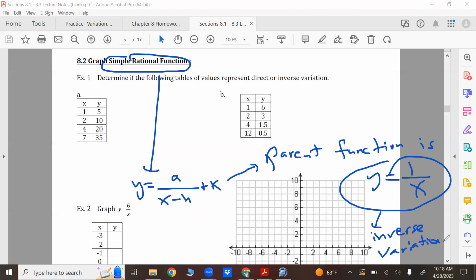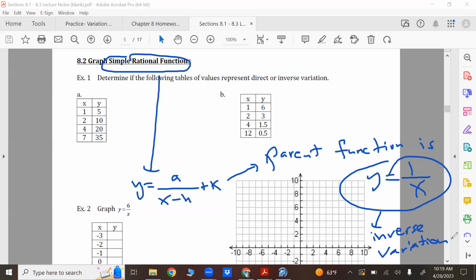So today we're going to be graphing this now. But in general terms, it's going to be this: Y equals A over X minus H plus K. And the parent function is 1 over X. Now, if you have 1 over X, then what is H and K for this equation here? You have Y equals 1 over X. So A is 1, of course, right?